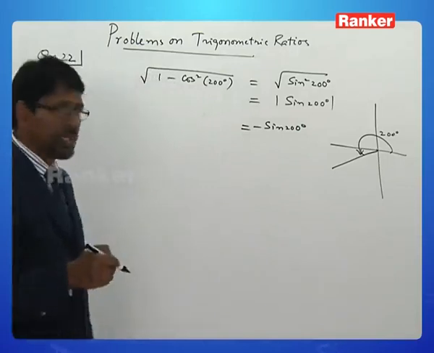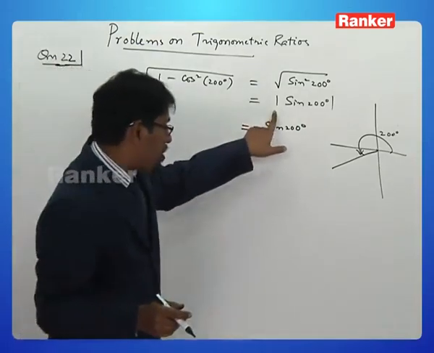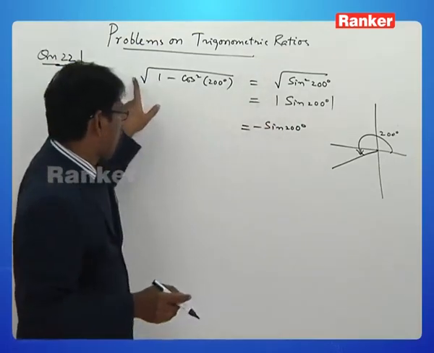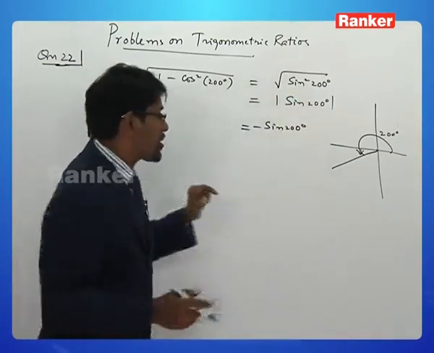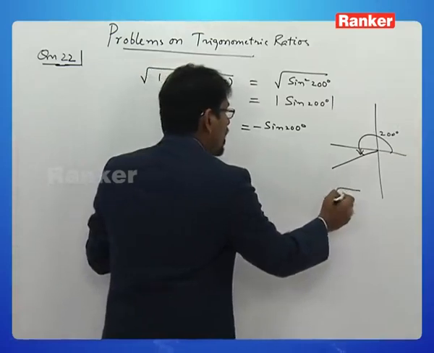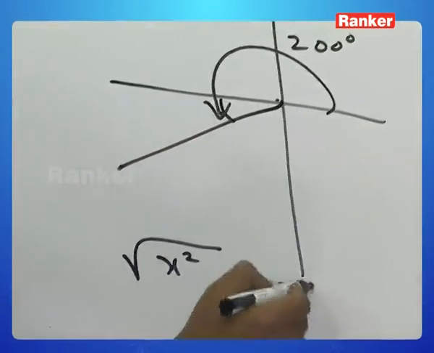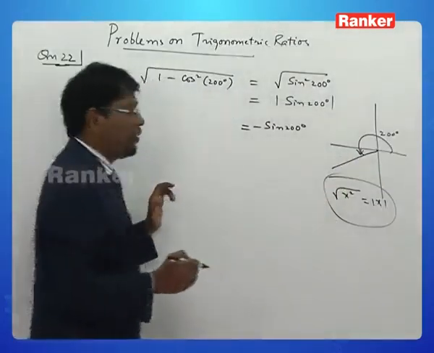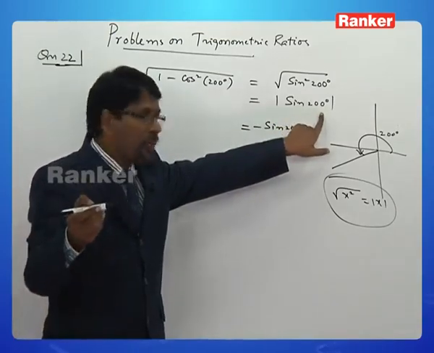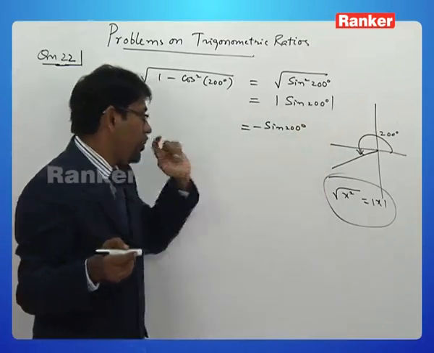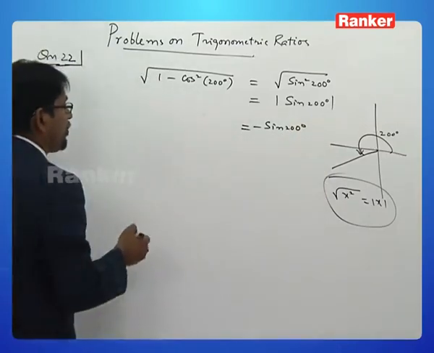Because sine 200 is a negative quantity, modulus, it's a positive square root here. So we need to take a modulus there. Root over x square is mod x. Using that, mod sine 200. But what is sine 200? That's a negative quantity. So I put a minus of sine 200.